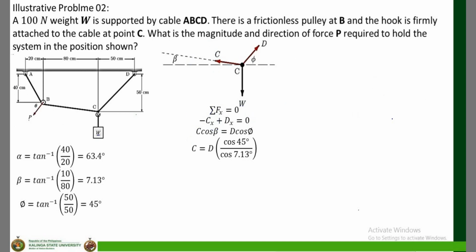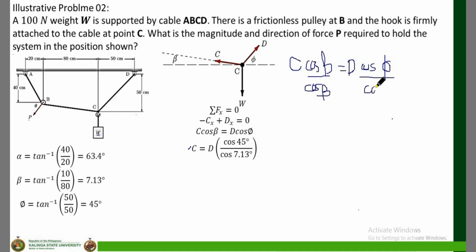Some of you may remember what I did here. This is under algebra, just a quick review. How do we isolate C? C cosine of beta is equal to D cosine of phi. For C to remain, I divide both sides of the equation by cosine beta.